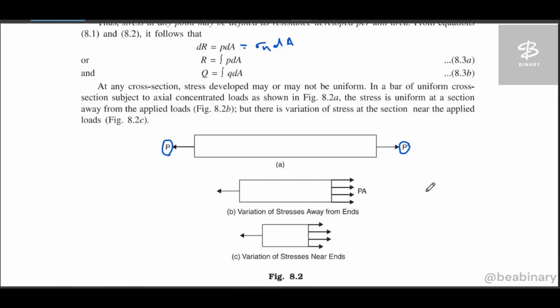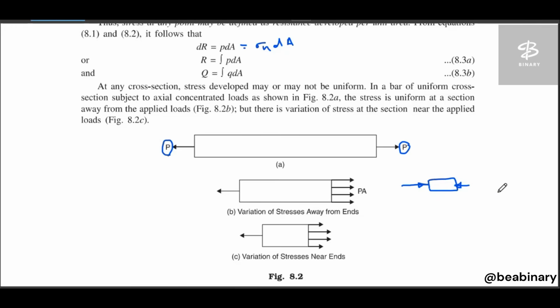If we apply a compressive force to the body, we obtain some contraction. Here we consider the variation in the area. Suppose this is the original length, and after elongation you obtain some extension in this bar.